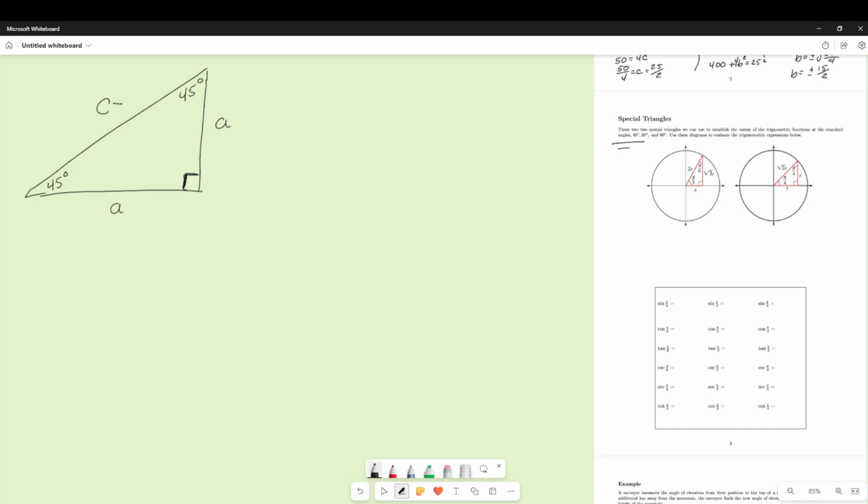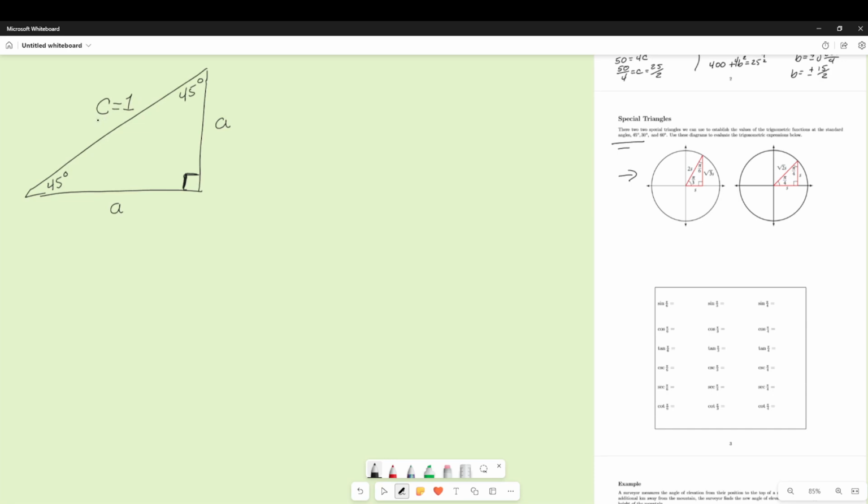And I'm going to choose this side length C to be 1. I know that's a little bit of a different choice than they might have made over here, but I want to make this choice and just show you where it goes. It'll be equivalent, so don't worry.